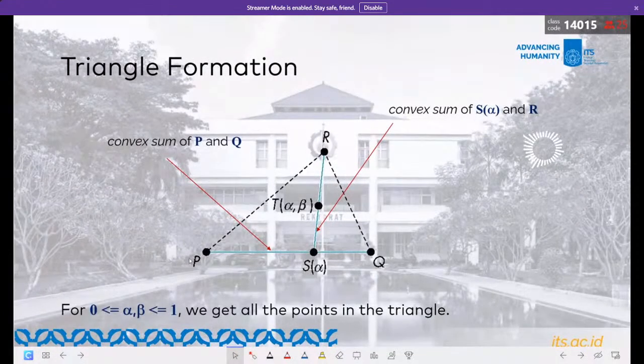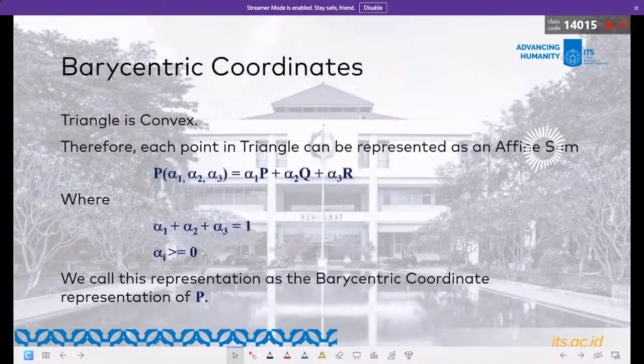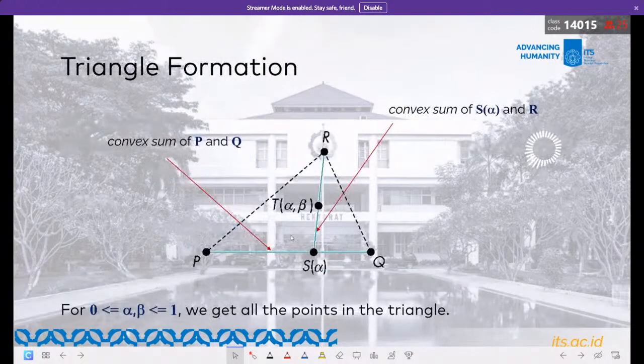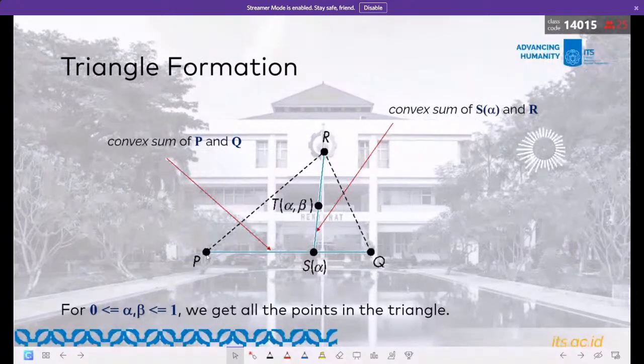Dan ini originnya tidak harus P. Originnya can be anywhere on the vector space. Misalkan di sini. Kalau kita mau mendefinisikan titik ini, maka pasti bisa didefinisikan dengan lokasi titik P dikalikan satu nilai alfa tertentu, alpha 1, terus dikalikan dengan Q. Karena pada dasarnya P ini vektor, Q ini juga vektor.